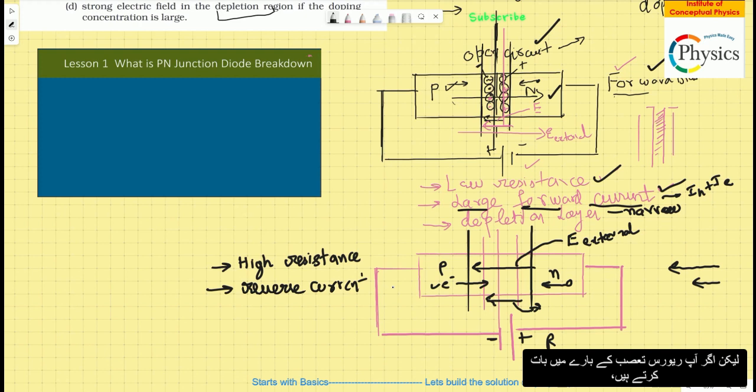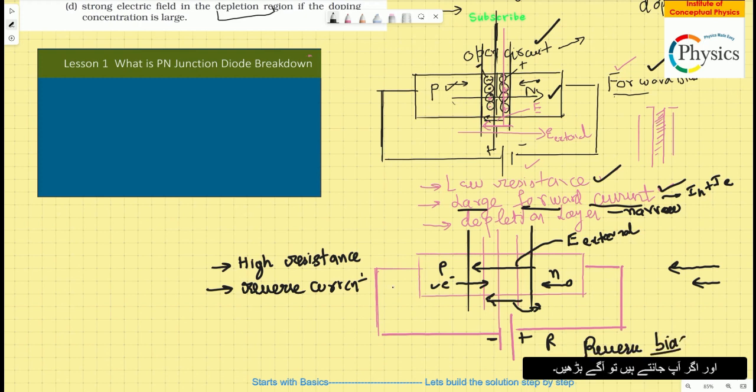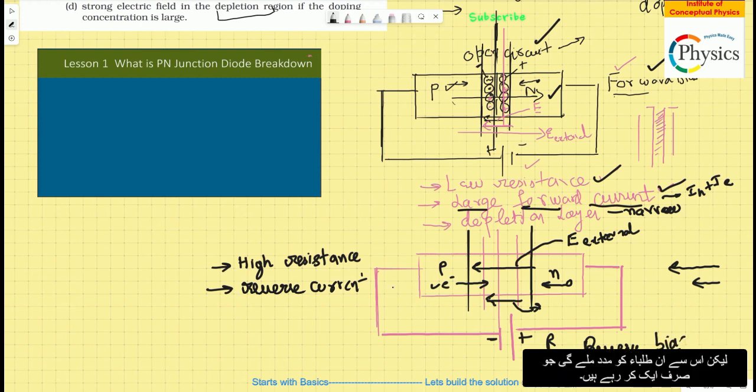But if you talk about the reverse bias, which is what I've done, this is a third situation of reverse bias. And if you know, please move forward, but this will help the students who are just doing a revision, and bring a lot of clarity in your mind.